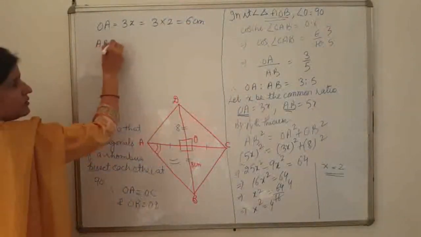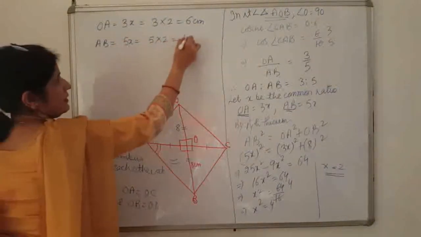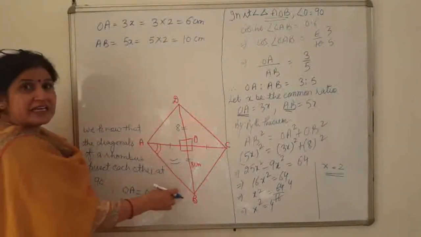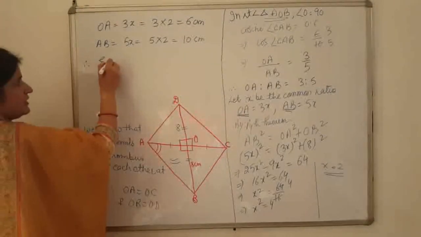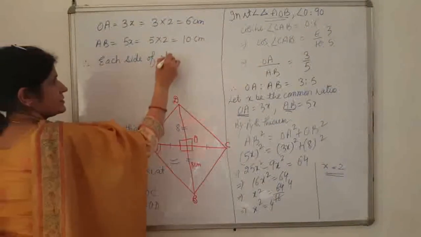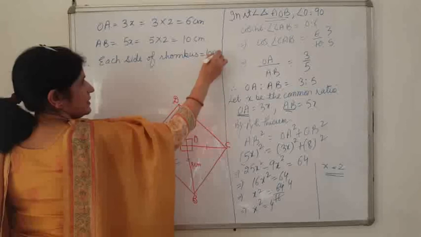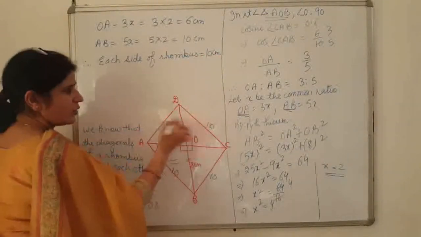AB equals 5x, 5 into 2, 10 centimeter. So AB, that means each side. Therefore, each side of rhombus is equal to 10 centimeter. When AB we have found here 10, both sides will be equal.